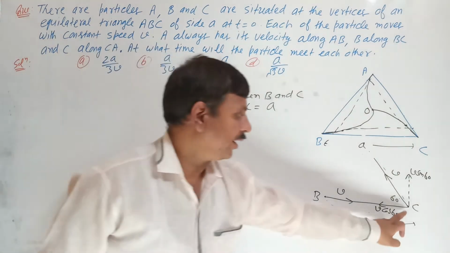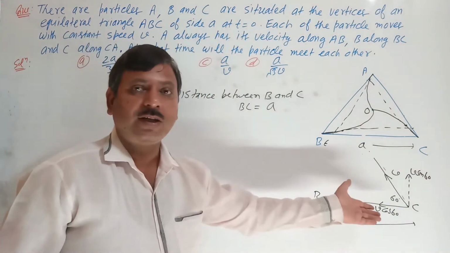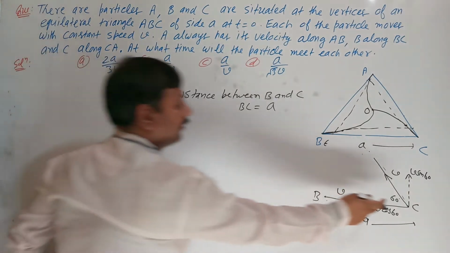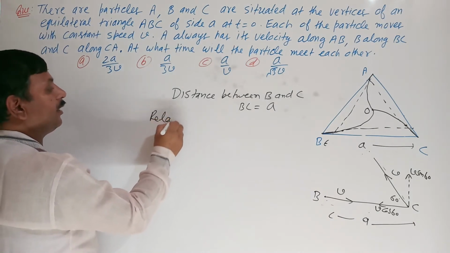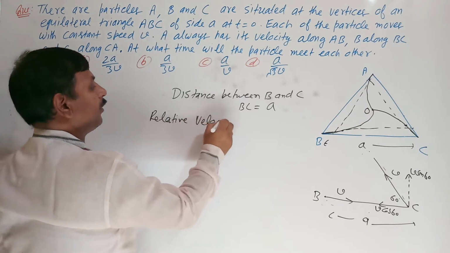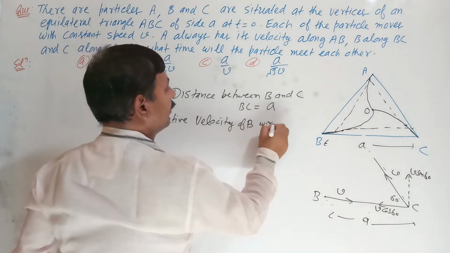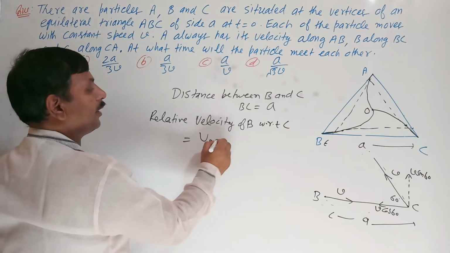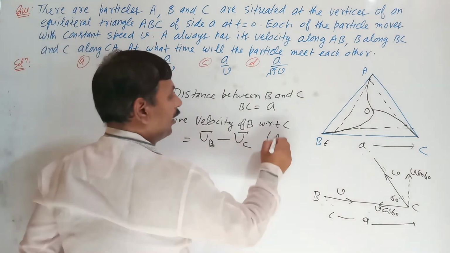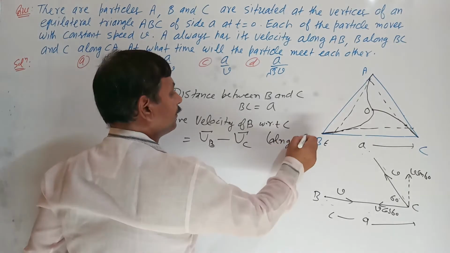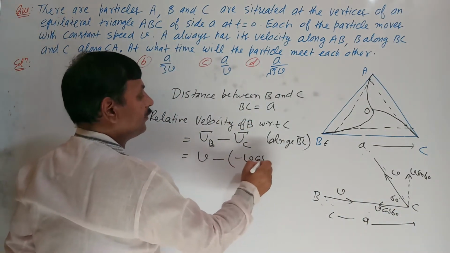In such problems, what do we do? We consider C stationary, and B approaches along C, so we will find the relative velocity of B with respect to C. If C feels stationary, what will be the relative velocity of B with respect to C? Along line BC, the velocity of B is v, minus, this is minus v cos 60.